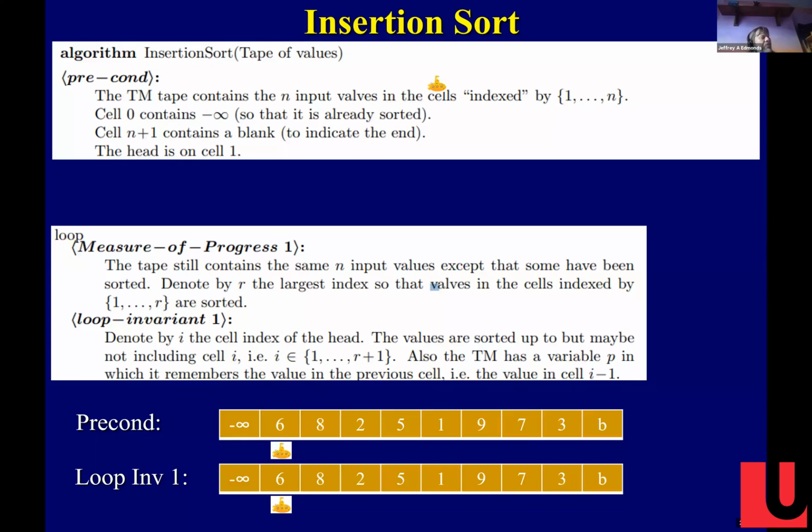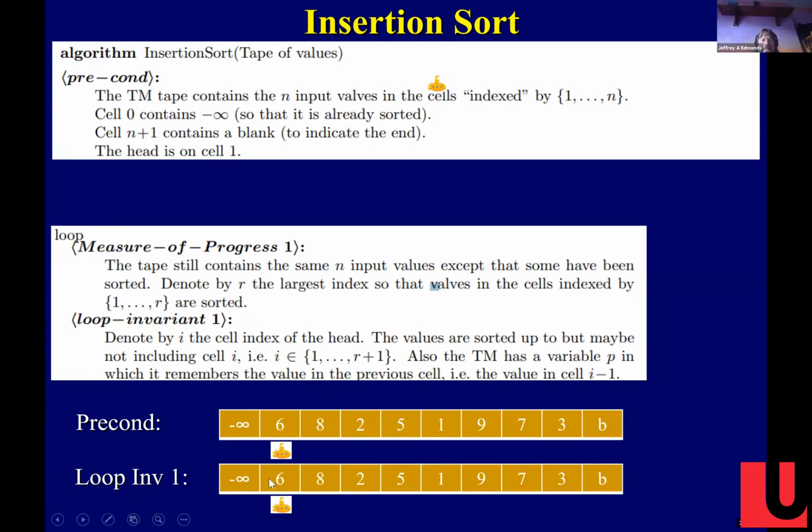Now, how am I going to store which numbers are sorted and which are not? How do I keep track of the boundary between these two sets? That could be complicated given that I can't store my state as a number I and I don't have two heads, right? So I'm not going to remember what's sorted and what's not sorted.